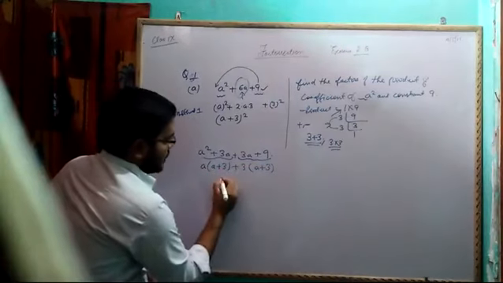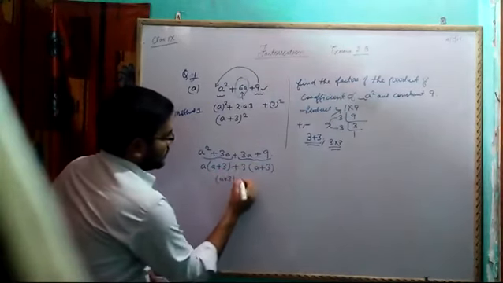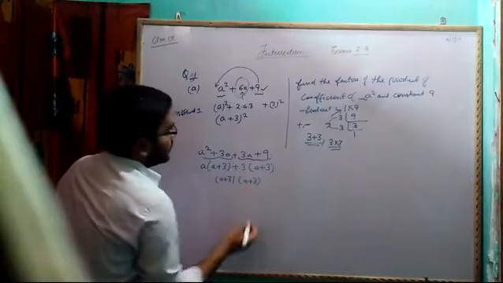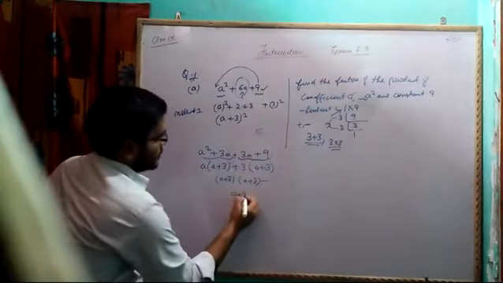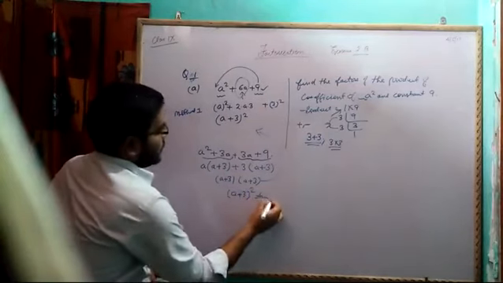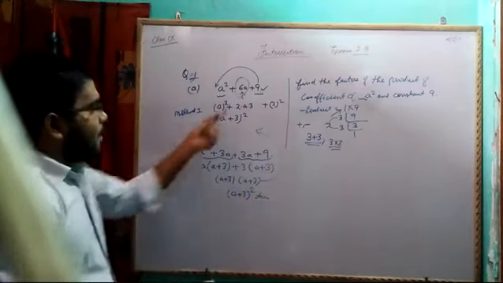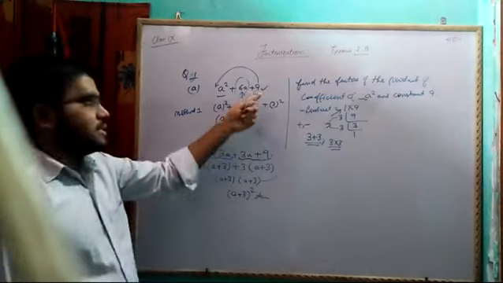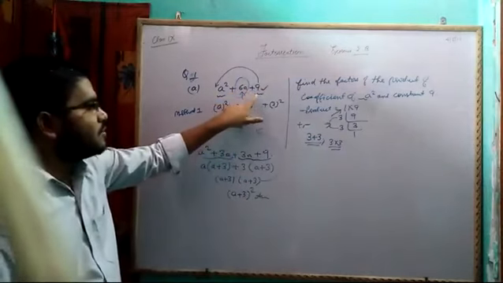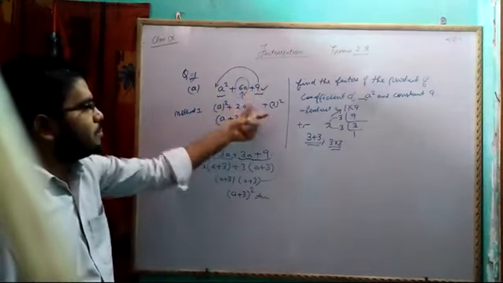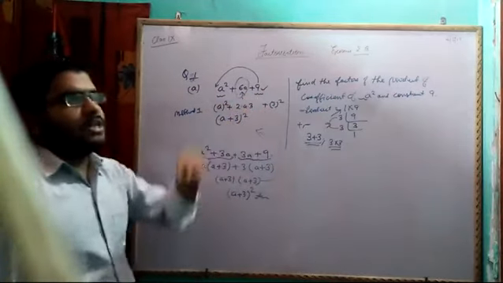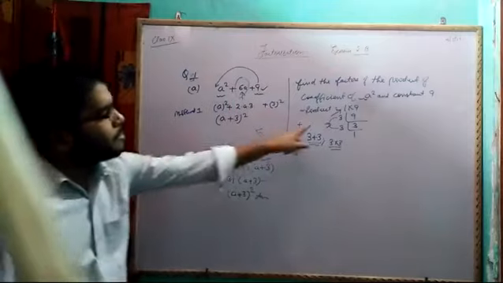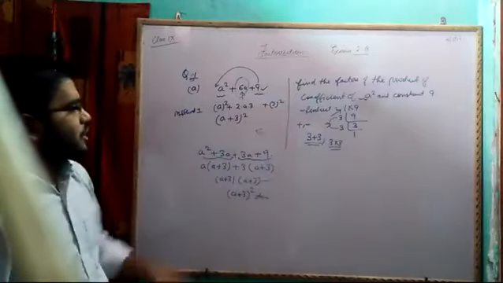Now a plus 3 is common, a plus 3 into a plus 3. So this is what I got here also: a plus 3 whole square. That is the answer. So by looking at the question you can decide whether it is a perfect square and break it in this form, or else if the question level is a bit higher, we can go for the prime factorization method, the coefficient method.